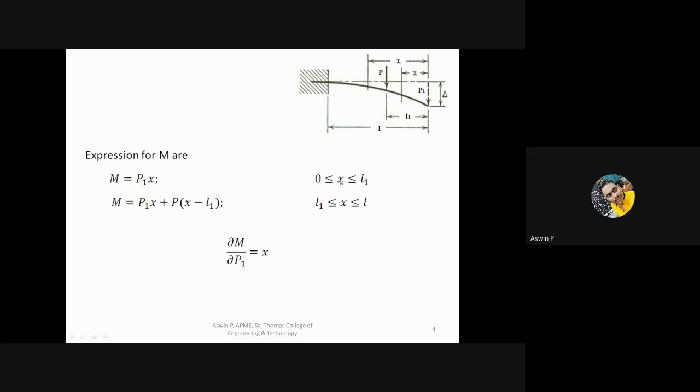If x is varying between 0 to L, dou m by dou P1 always will be x in this particular problem. If you know that, please write down that dou m by dou P1 is equal to x. You can derive this directly also. In the first equation that will become x, and in the second equation that will become x plus 0, since this term is a constant, so its derivative will be 0.